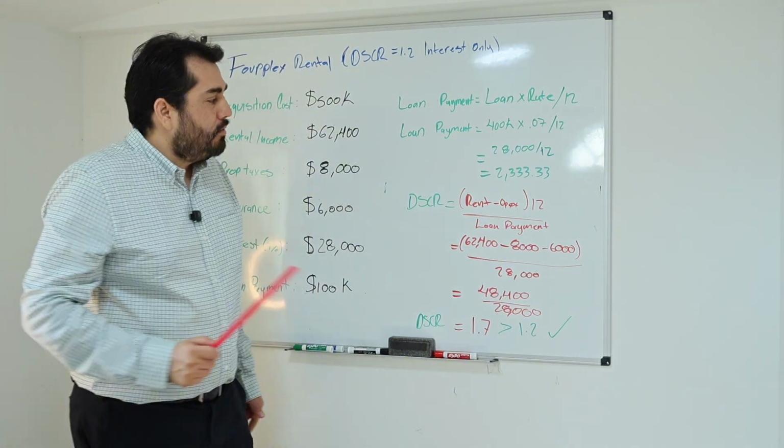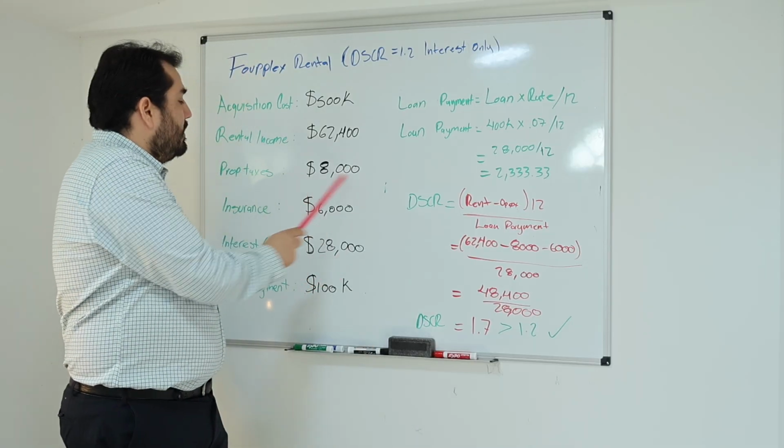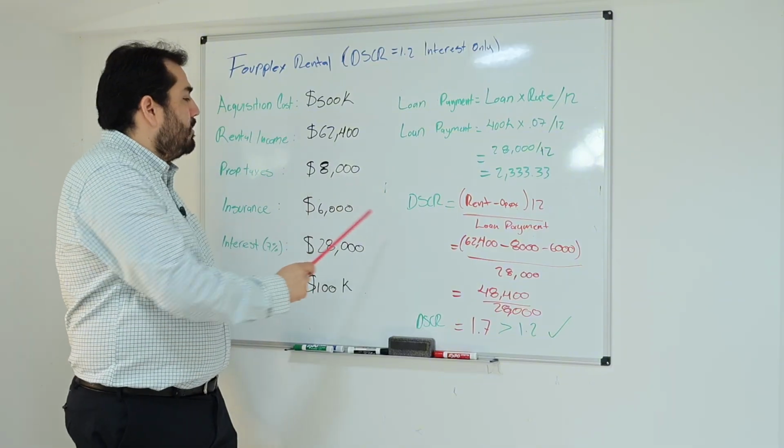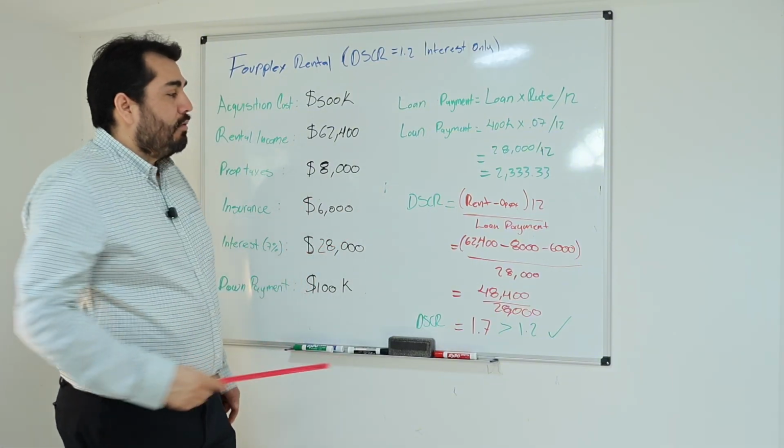As I already told you, for the operating expenses, the lender usually only takes these two costs. He doesn't run a due diligence. He only takes usually the property taxes and the insurance cost.